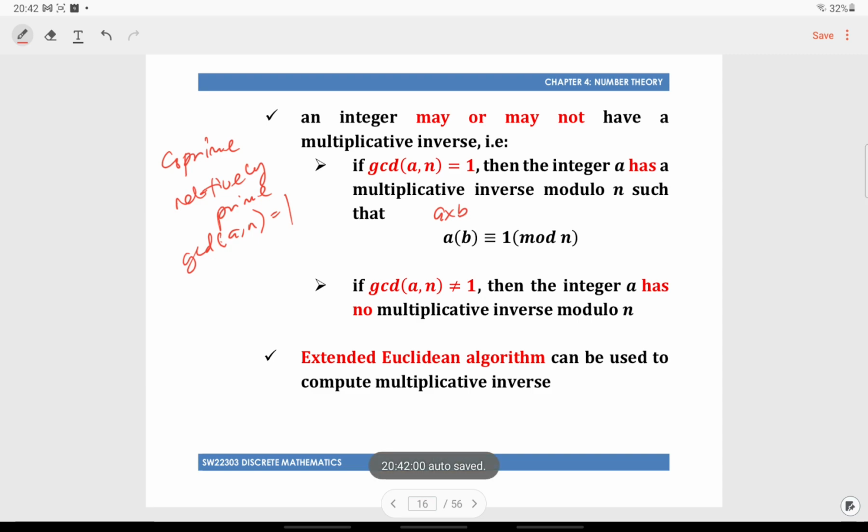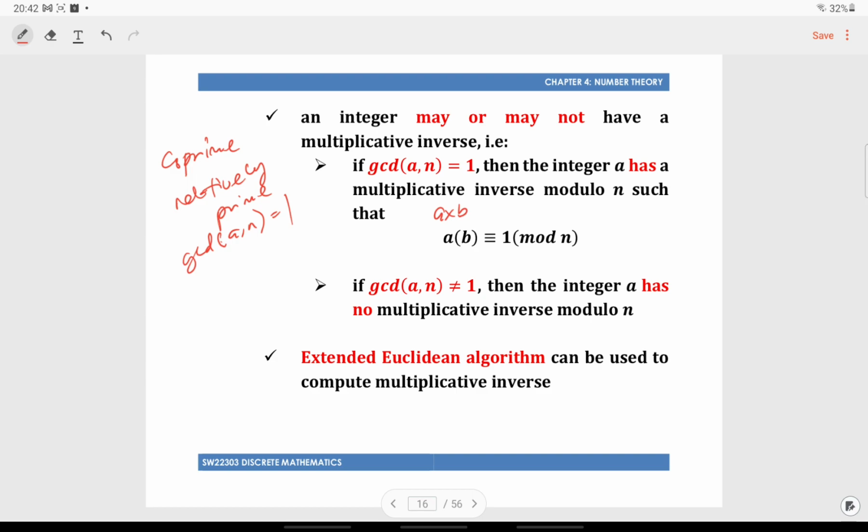On the contrary, if the GCD of A and N is not equal to 1, let's say 2, 3, and so on, what does it mean? That means the integer A doesn't have a multiplicative inverse modulo N. That means the integer B doesn't exist.